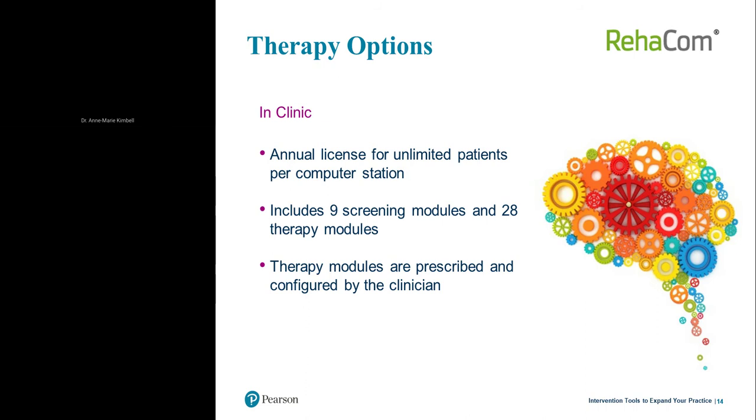In this case, the patient's database is stored on a central server. Many clients can train independently, although at the beginning and the end of the therapy sessions, the client and the clinician may meet to determine the therapy goal and to discuss the results. RehaCom lets clients complete their cognitive therapy independently, which allows clinicians to work with several clients at the same time if they wish.